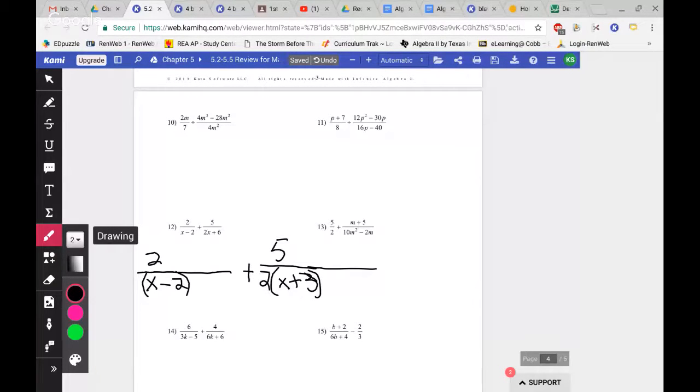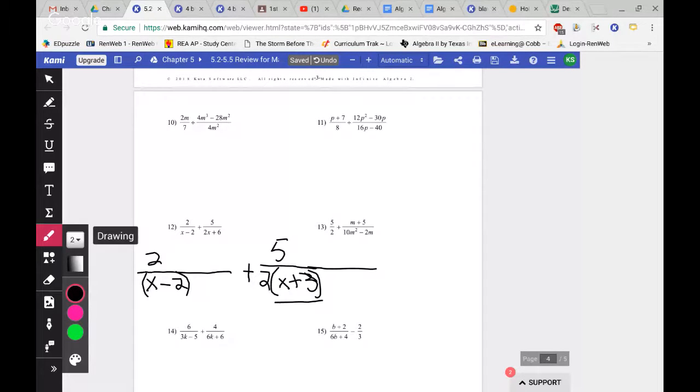That's right. Okay, so what I do next is I take a look at both of my denominators, and I'm like, okay, I don't have anything about them that's the same. So essentially, I'm going to be using this denominator here and multiplying the top and the bottom because I can't change the value of the expression.